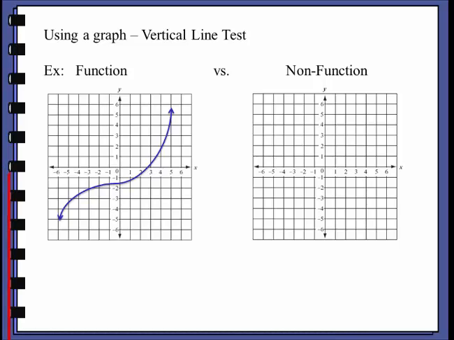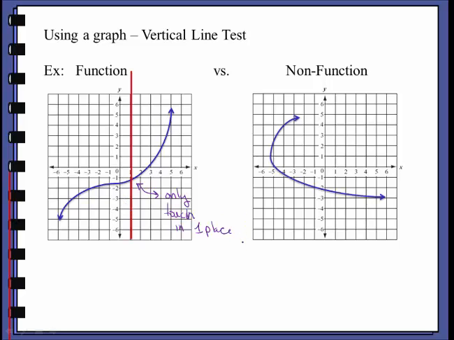If I run a vertical line along the graph like that, our line will only touch the graph in one place at any time. So if I were to pick this line up and slide it across, or I can look at these coordinate lines, and as you can see, there is no place where a vertical line is going to touch this graph more than one time.